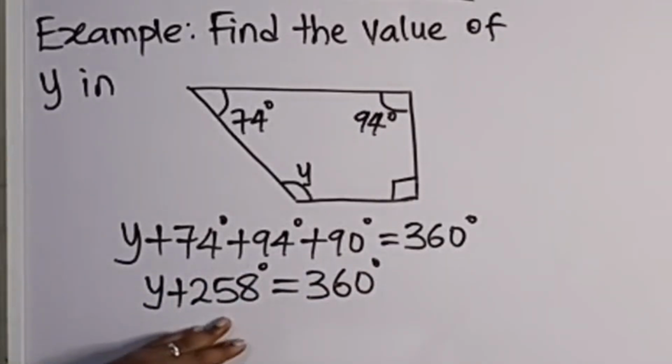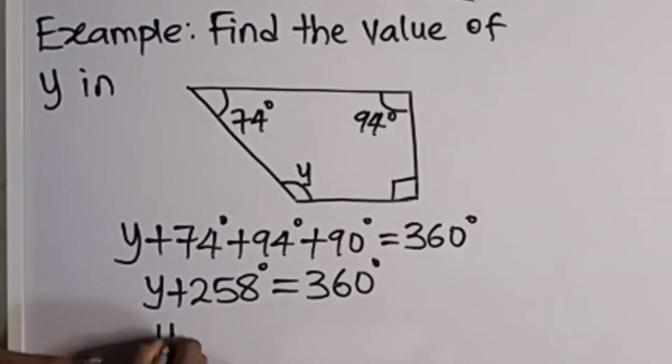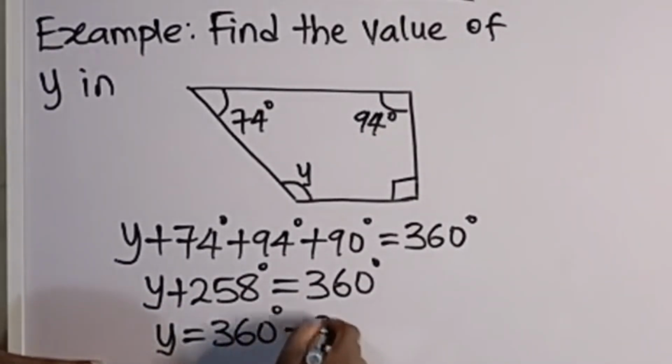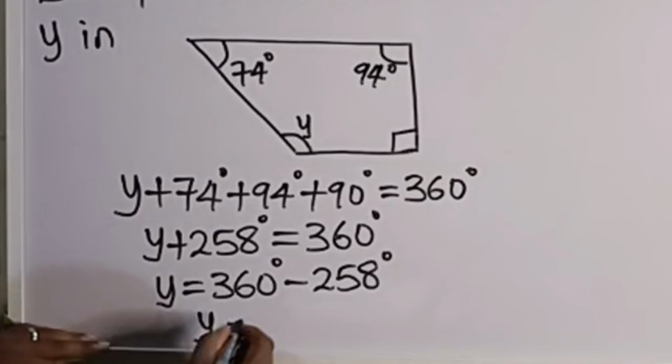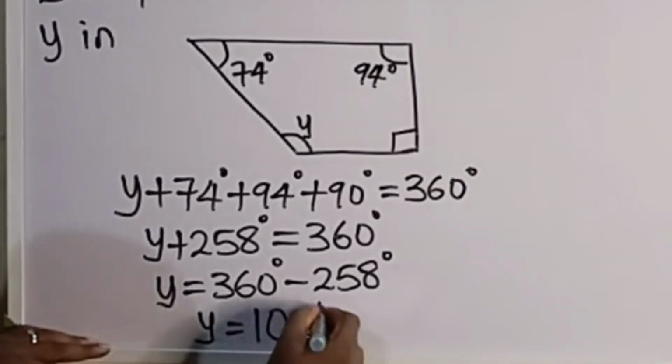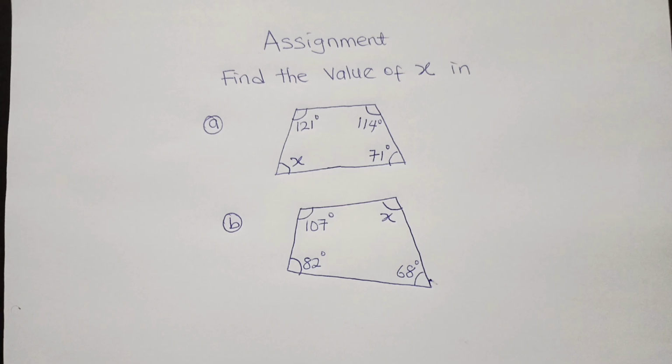Moving plus 258 to the right, it becomes minus 258. So y is equal to 360 degrees minus 258 degrees. So the value of y is 102 degrees. Try out this question before we continue.